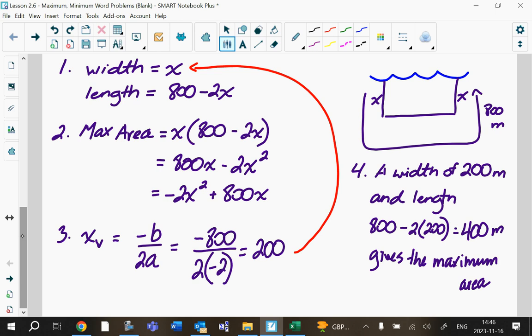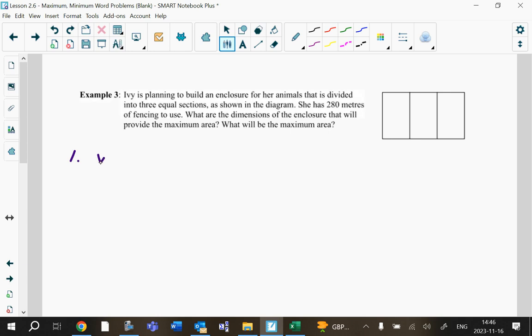What were the unknowns that we gave? Not coordinates. Can you read this word? We are trying to find the width and length. And I said, make X the width. That's what dimensions are, width and length.